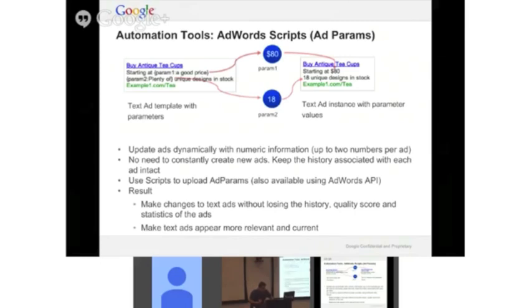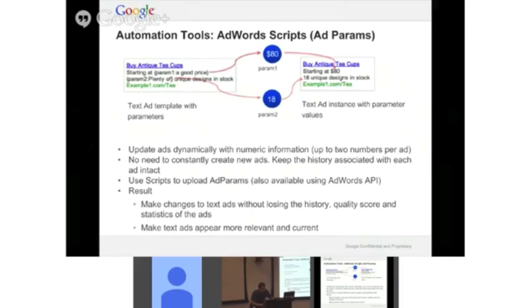There's also something that you cannot do using the UI. You might have heard of this. It is for building dynamic ads in which you can actually insert numerical values into the ads.